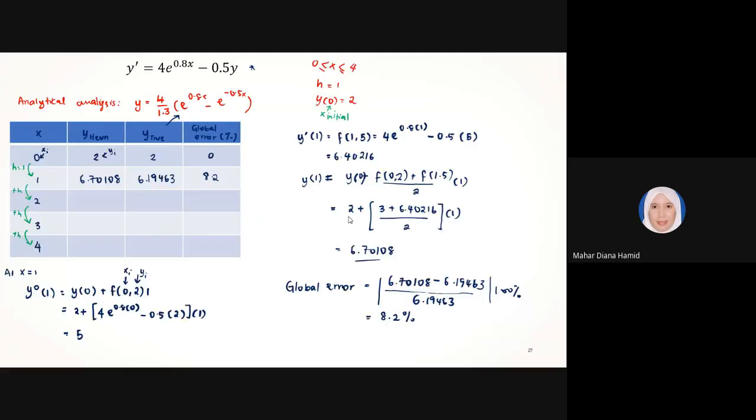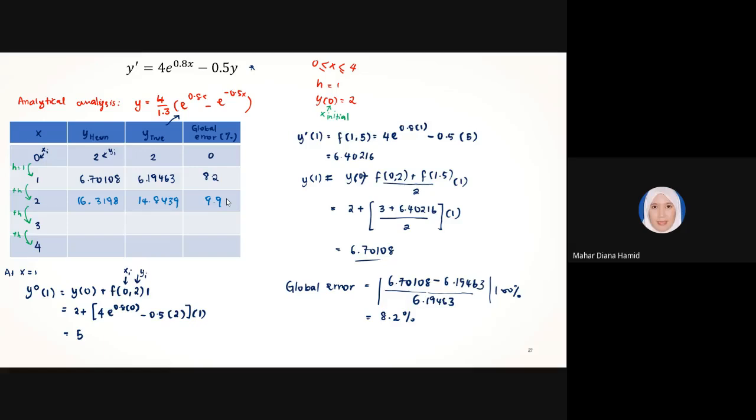So if we try to substitute this, this would be here, 16.3198, while the true value is 14.8439. So the global error would be 9.9%. Right.